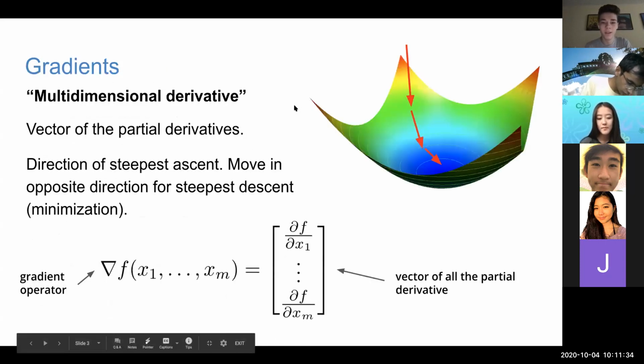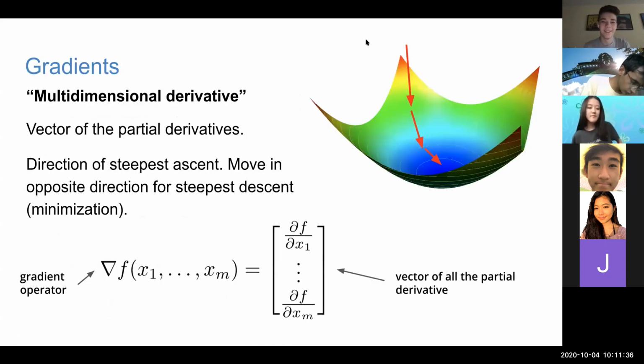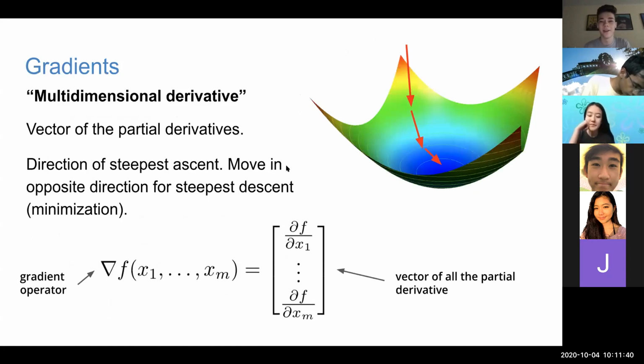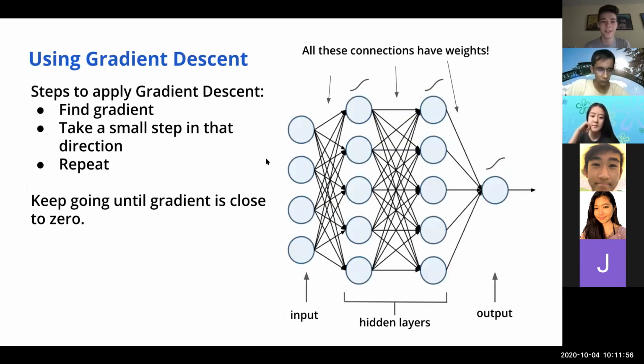Okay. So first up, to recap neural networks, you train them by taking the gradient with respect to a part of your training set, and you move all your weights in the direction of steepest descent. So you're trying to minimize your loss function.